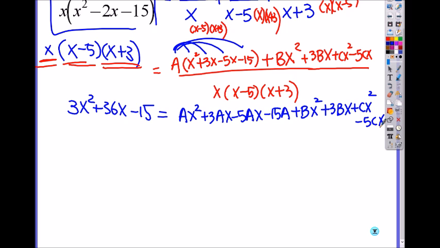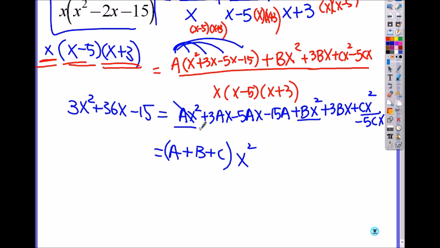So now, let's combine like terms. So do I see any x squares? Yes. So Ax squared plus Bx squared plus Cx squared. So can I write it as A plus B plus C times x squared? Right?